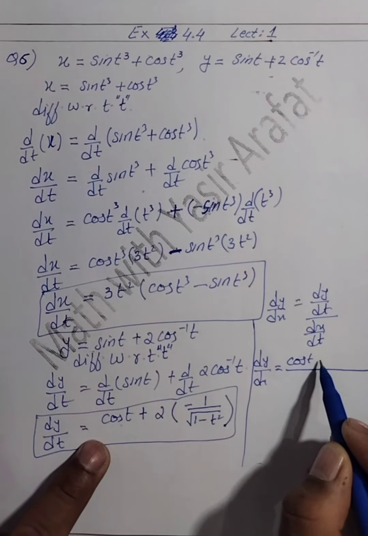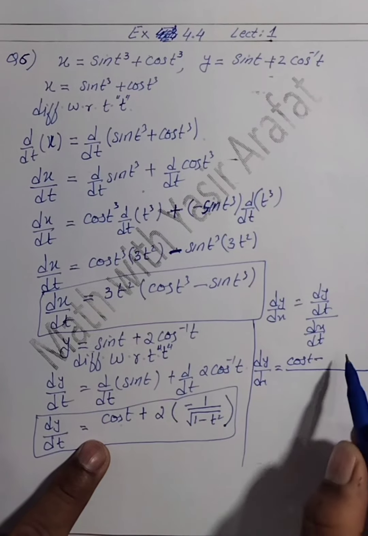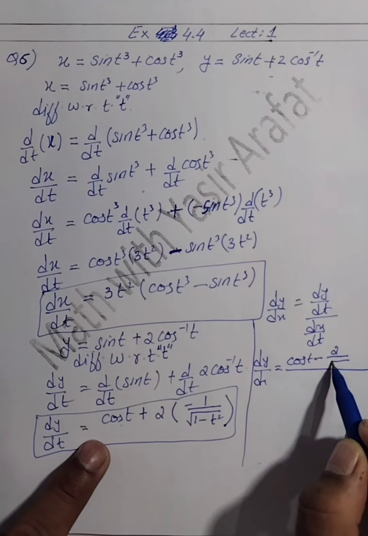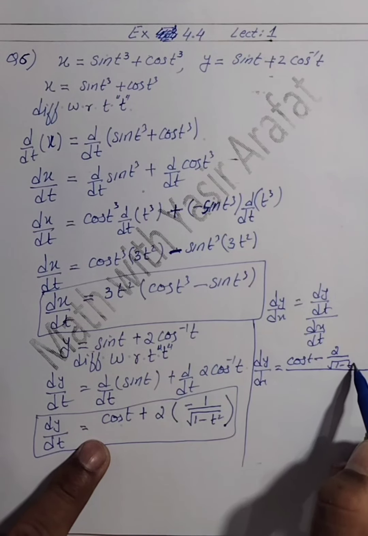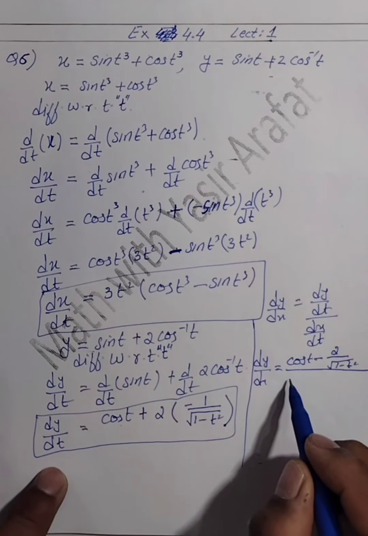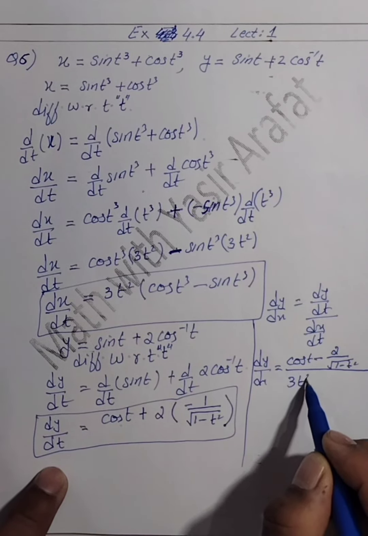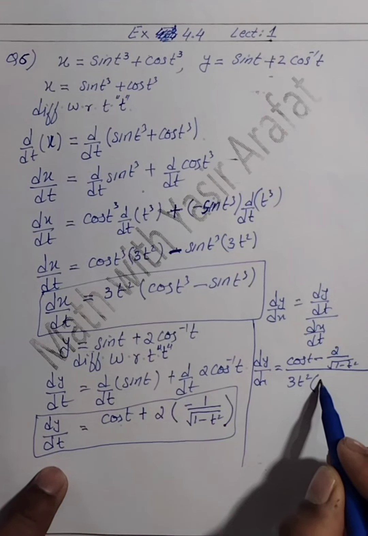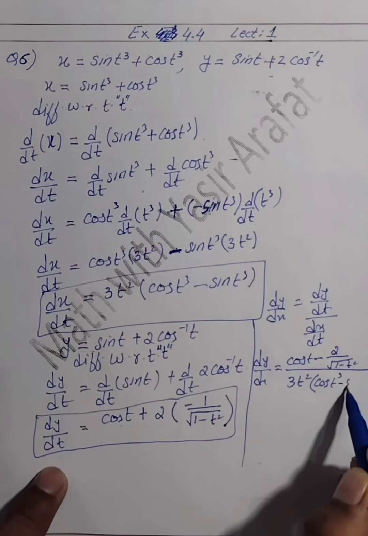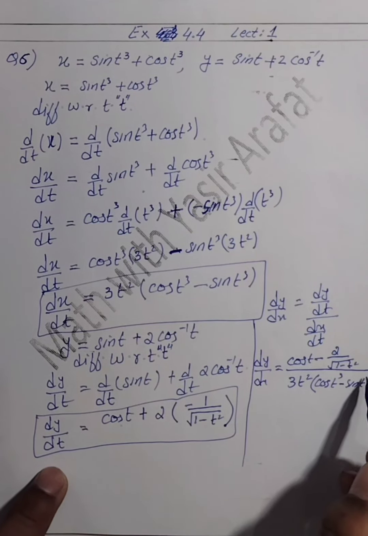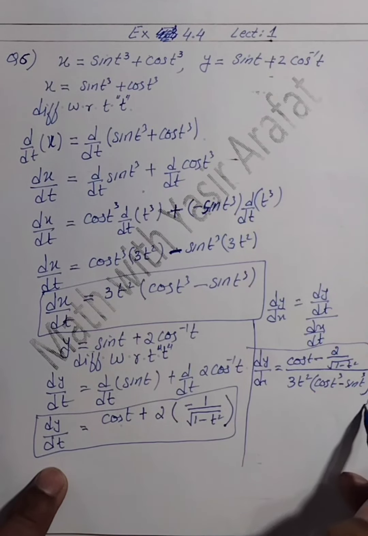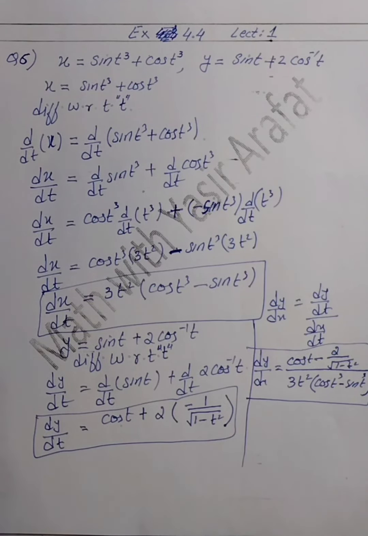This is cos of t plus minus 2 over the radical of 1 minus t square, and whole divided by 3t square times cos t cube minus sine t cube. So this is the answer of this question here.